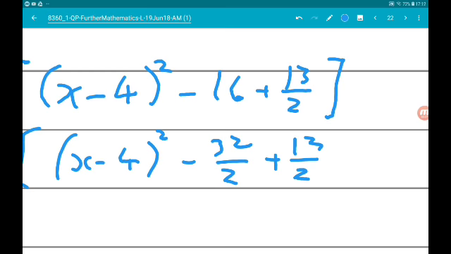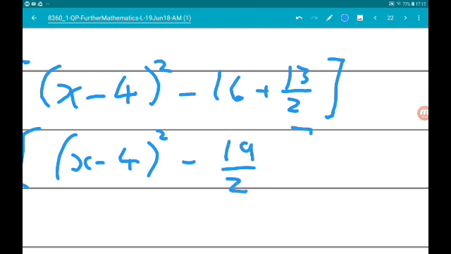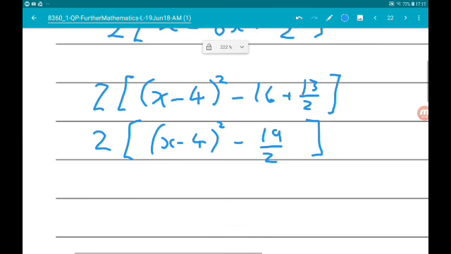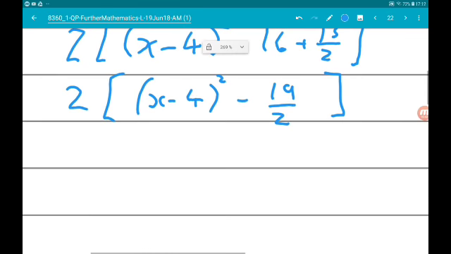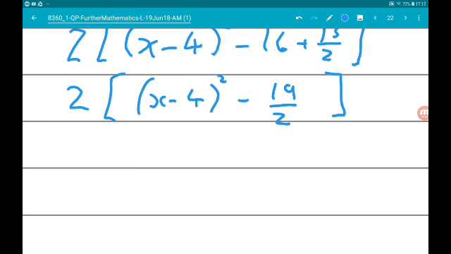So that is going to give us, well, minus 32 add 13 is minus 19. So we got minus 19 halves. Now finally, we can let that 2 back inside the square brackets.